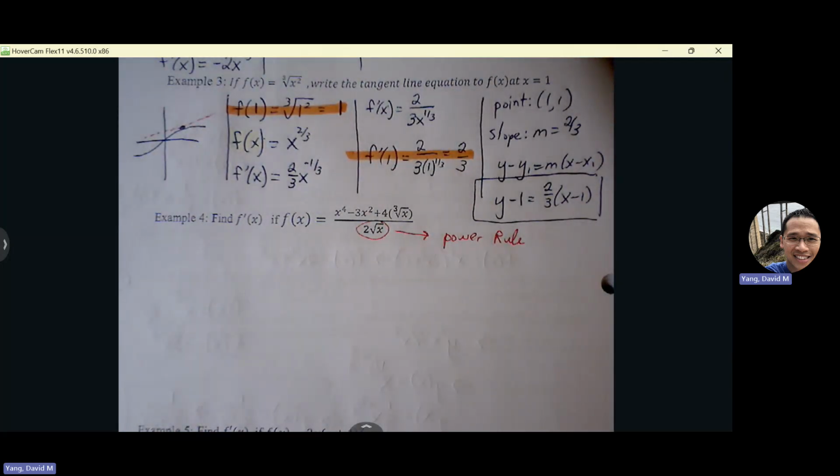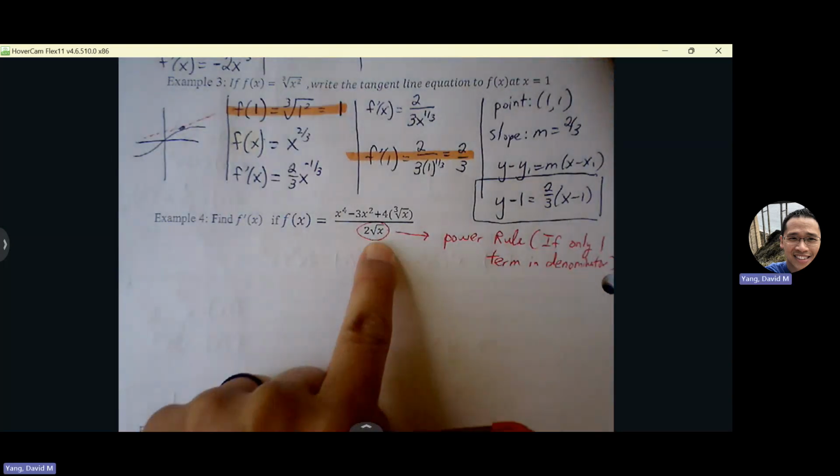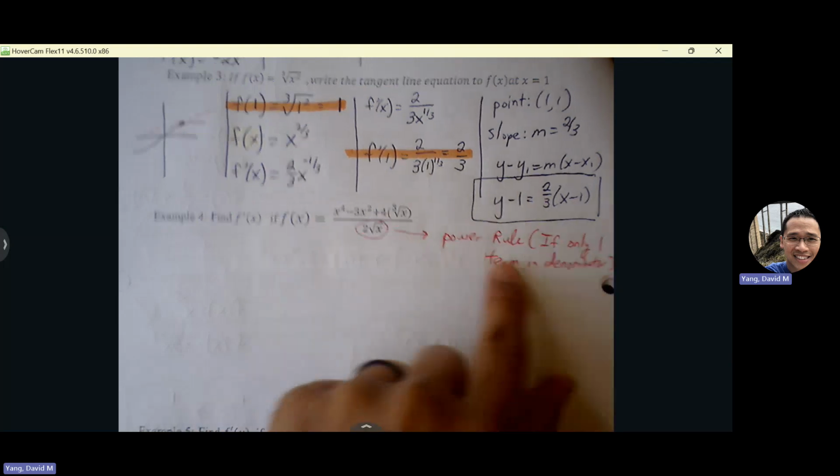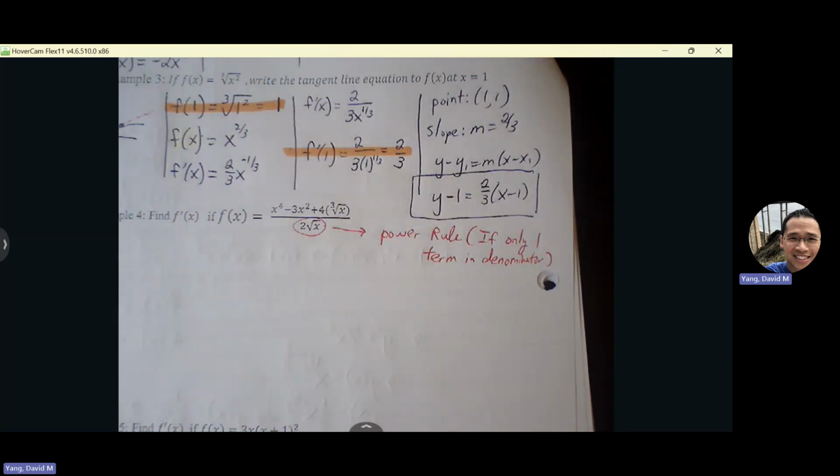So if there's only one term in the denominator. Now, if there were more than one term in the denominator, like if it was 2 root x plus 1, or 1 minus 2 root x, or 3 minus x, then we're having to rely on a more complicated rule.